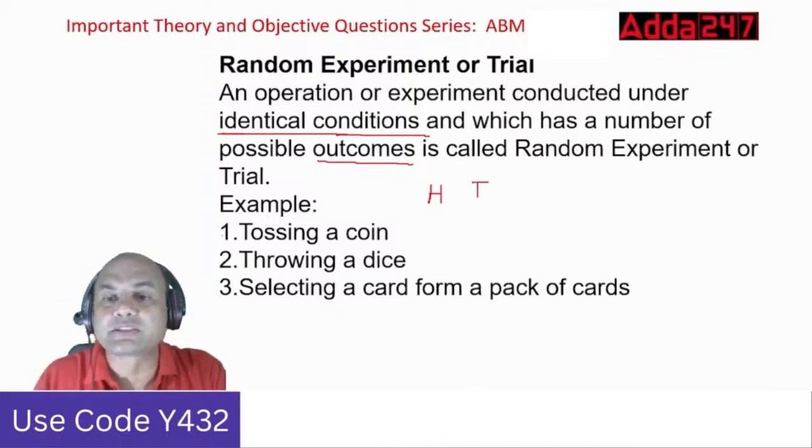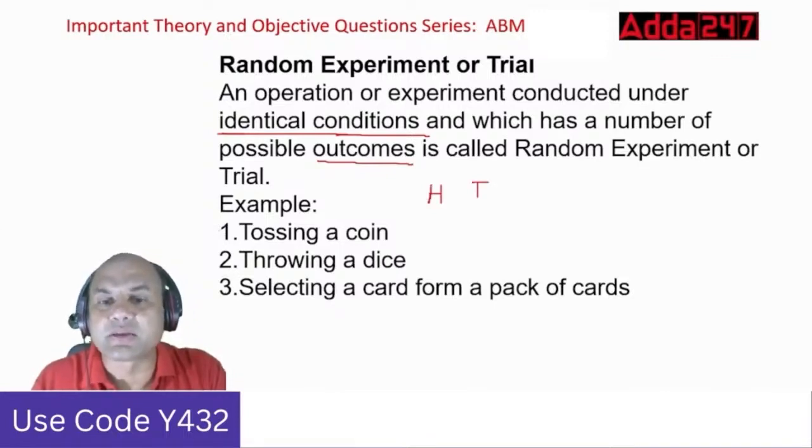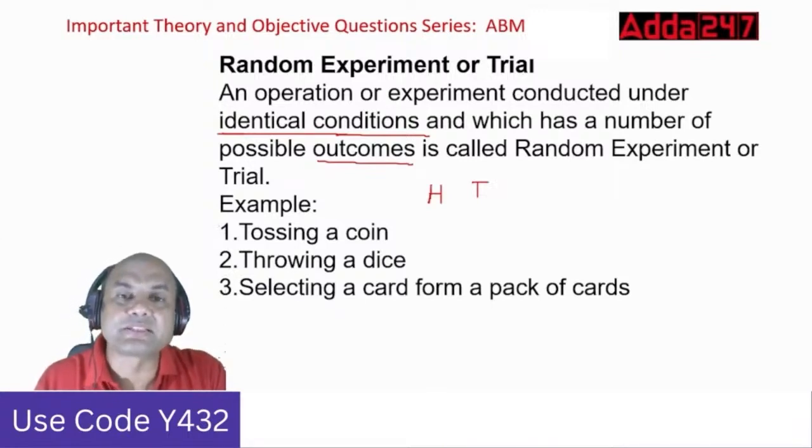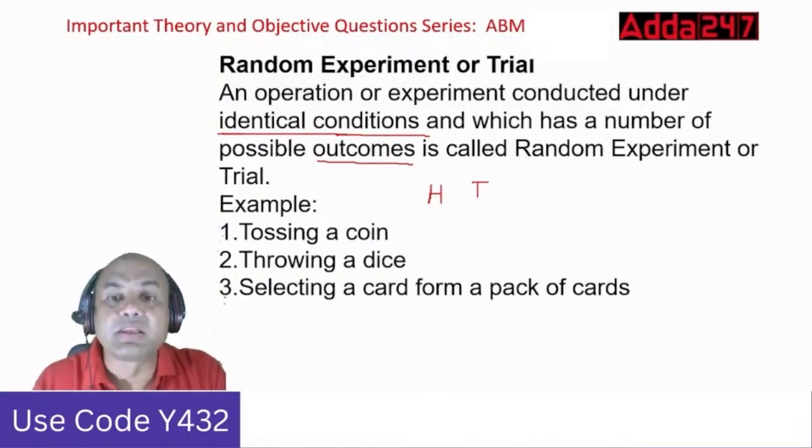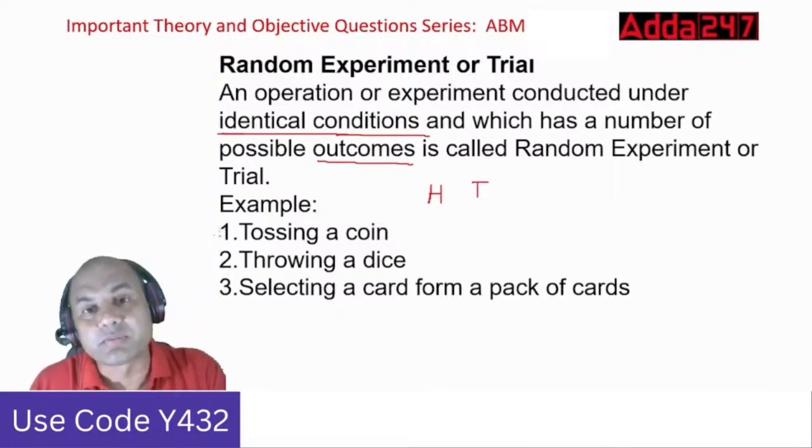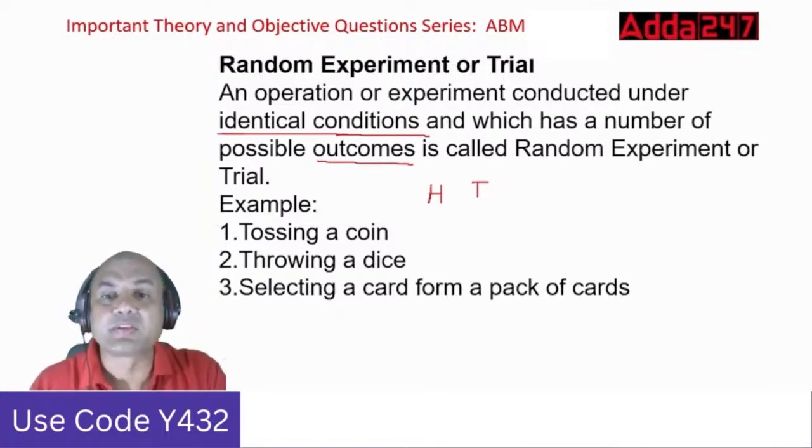So it has a number of possible outcomes. Under the same conditions I have tossed the coin once, and again I have tossed the coin in the same condition twice, but here I am getting a different outcome. I am not getting the head. So that is known as a random trial or experiment. I have done it in identical conditions.